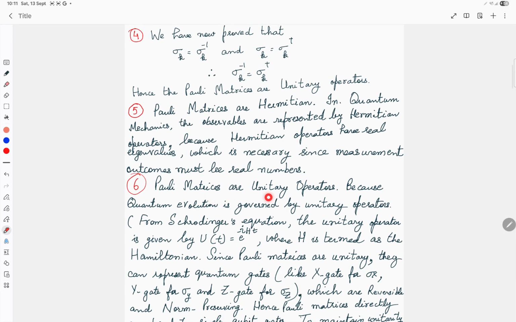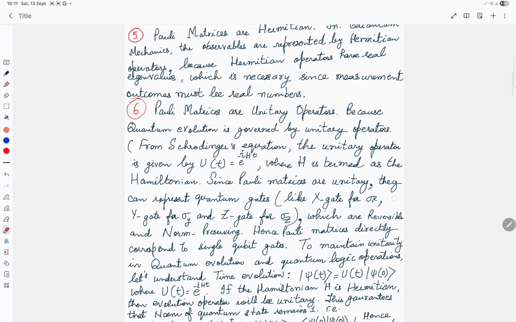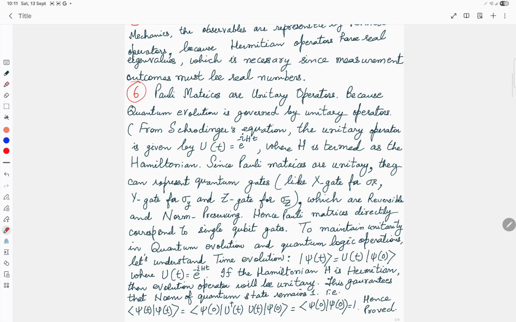Pauli matrices are unitary operators because quantum evolution is governed by the unitary operators. This comes from the Schrödinger equation, where the unitary operator U(t) is given by e to the power minus iHt, where H is termed as the Hamiltonian. Now since Pauli matrices are unitary, they can represent quantum gates like x gate for sigma x, y gate for sigma y, and z gate for sigma z.